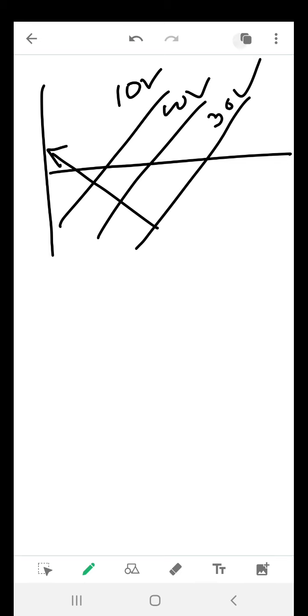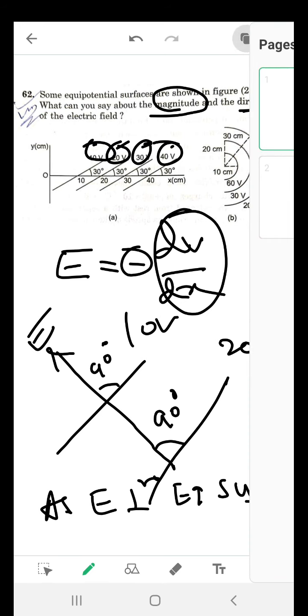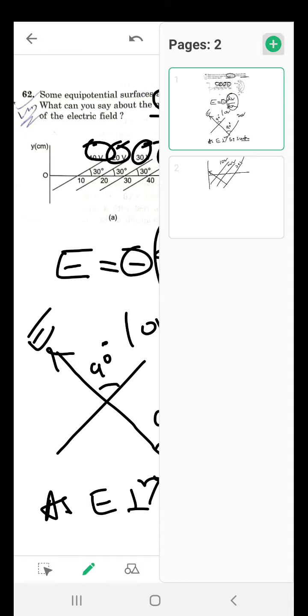Now the first question was, we have to find the magnitude also, not only the direction. So for that purpose, how can we identify the magnitude? This is also an important question, is it not?